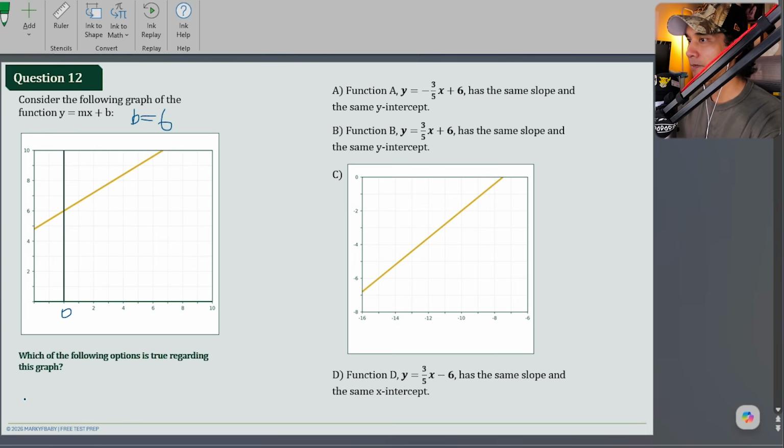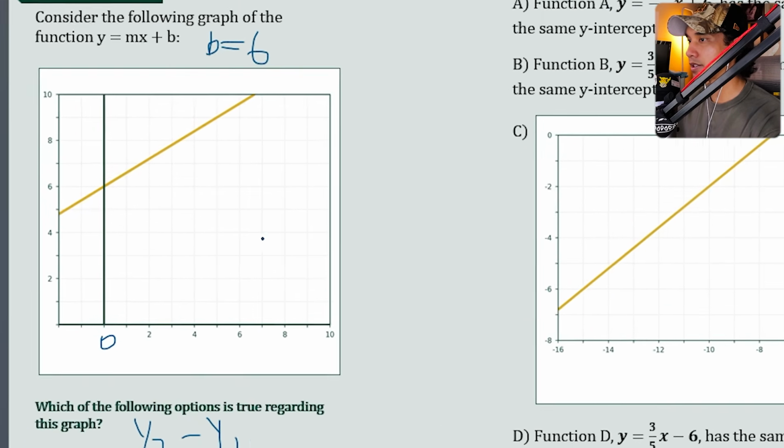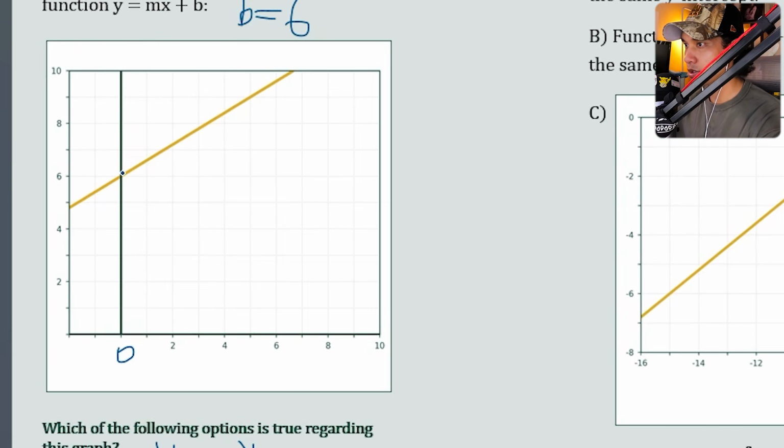Well, what is our m? M is equal to the change of y over the change of x. And then I'm going to choose 2 points. So I'm going to choose this one over here, and this was 0, 6. And then let's go see what point is directly on the grid, right?